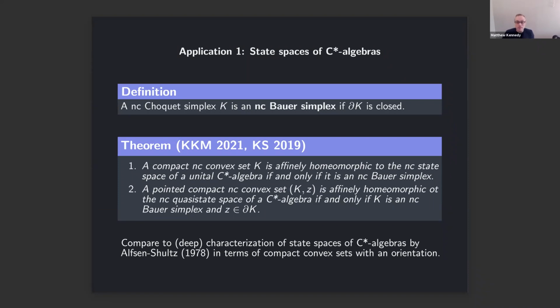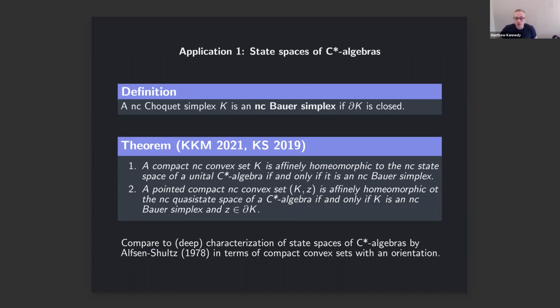Now, there's a very deep and very important result due to Alfsen and Shultz that's been of a great deal of interest to people in some parts of quantum information theory and quantum mechanics, where they give a characterization of compact convex sets that arise as state spaces of C-star algebras.